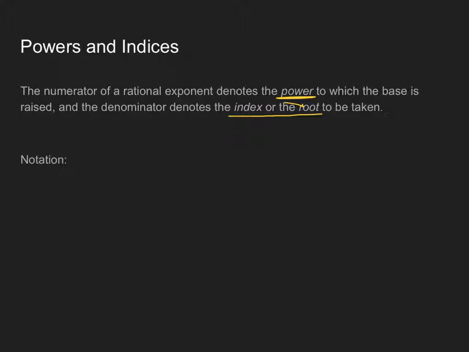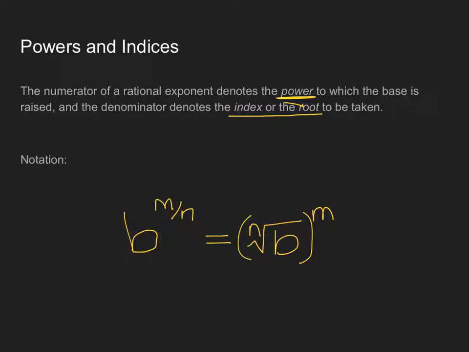For example, if we have b to the m over n, this is equal to the nth root of b raised to the m power, which is also equal to the nth root of b to the m power.